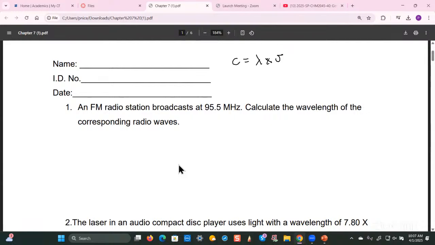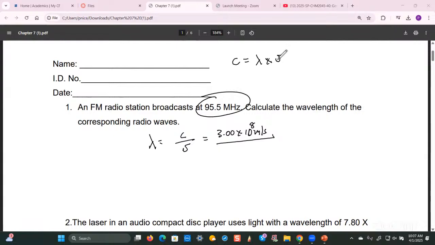Calculate the wavelength of the corresponding radio wave, right? So based on this equation, we can rearrange it to get wavelength. So the wavelength, lambda, will be equal to c divided by nu, right? Now c is always going to be 3.00 times 10 to the 8 meters per second. Now nu is given as 95.5 megahertz.